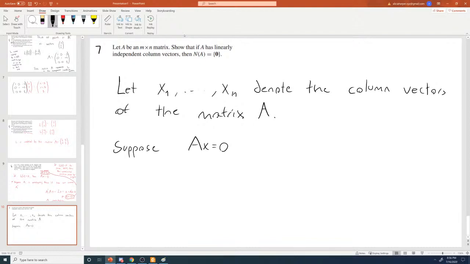In other words, this is the same thing as x being an element of the null space of A. Well, I'm going to use a different letter here, call it c.